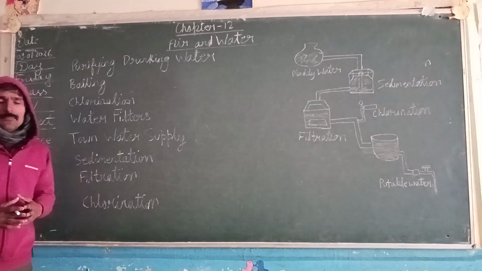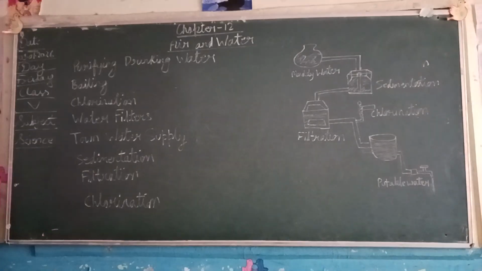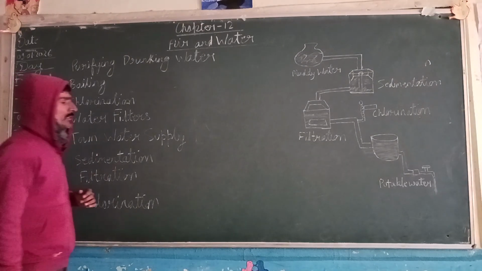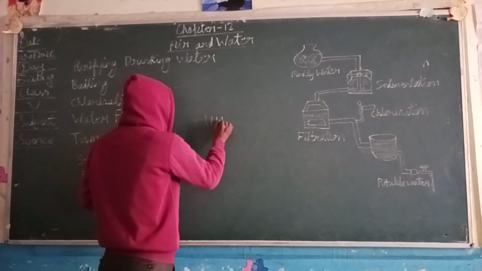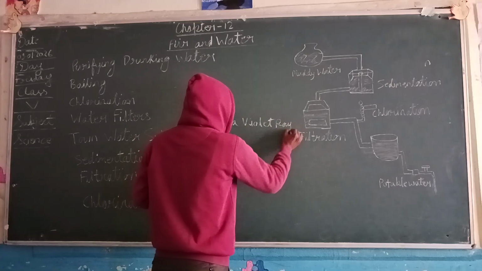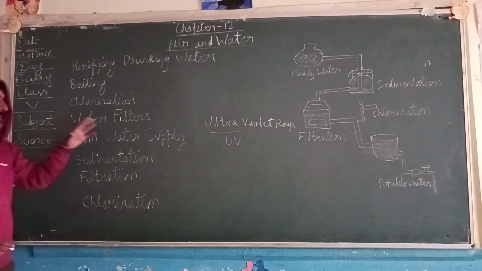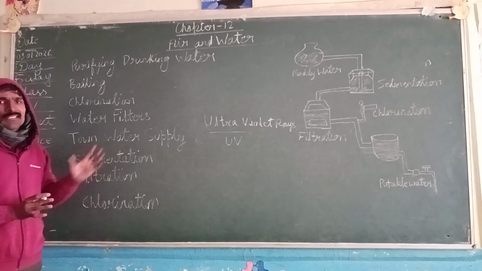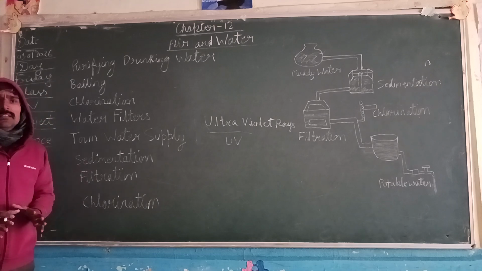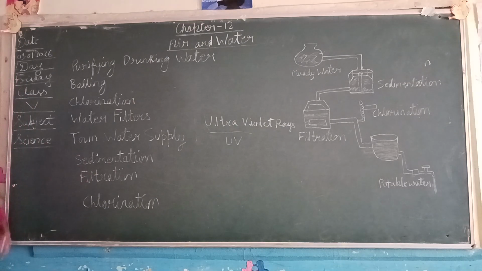In water filters, methods like sedimentation and filtration are used, and in some ROs there are ultraviolet rays, called UV rays, which are used to kill the germs present in the water. These are the methods by which we can get water pure for drinking.